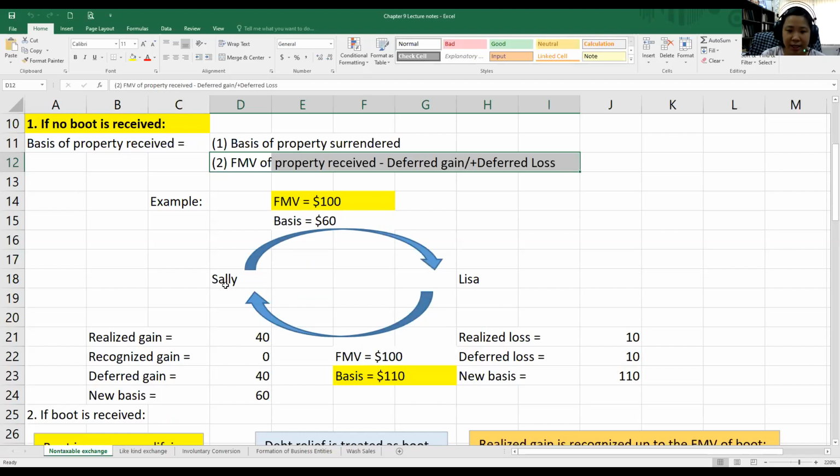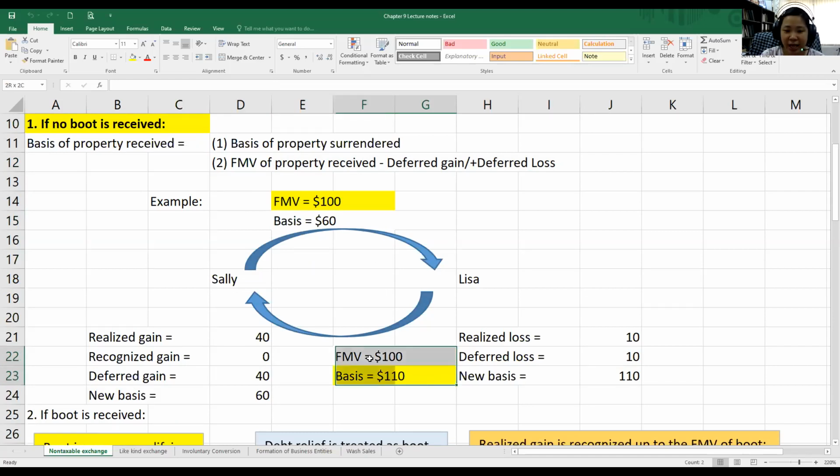So let's look at the example of Sally and Lisa. Sally exchanged a property that had a fair market value of 100 with a basis of 60, and Lisa exchanged a property that had a fair market value of 100 and a basis of 110. You can see that both of these properties have an equal fair market value of 100. So let's look at the realized gain. Now, this transaction is a non-taxable exchange.